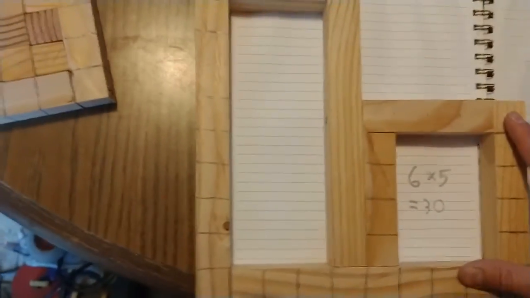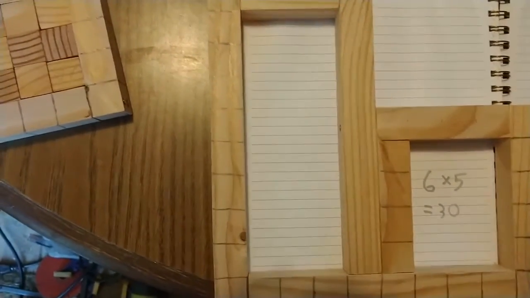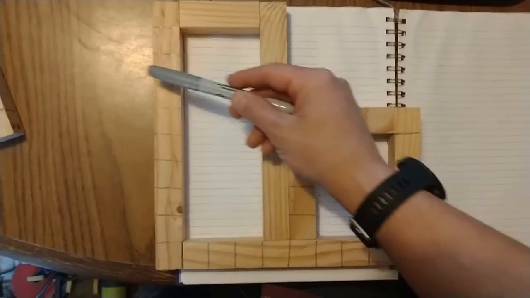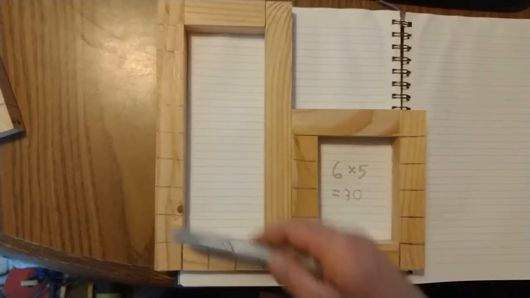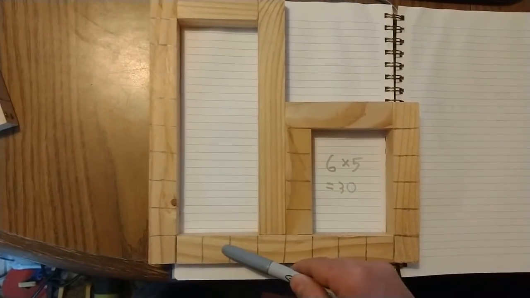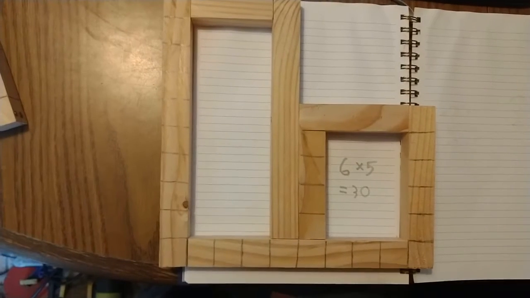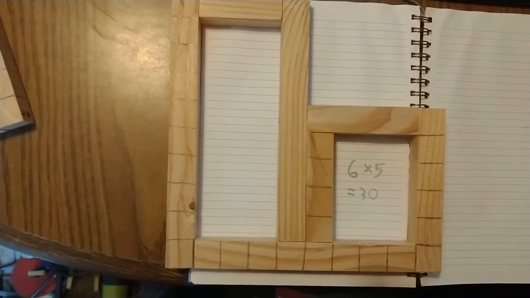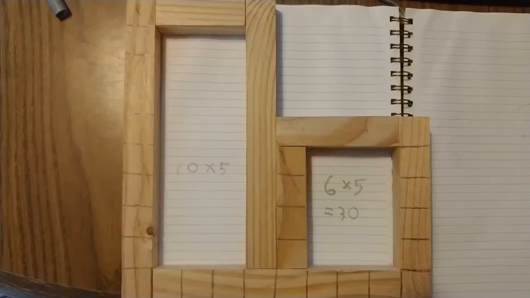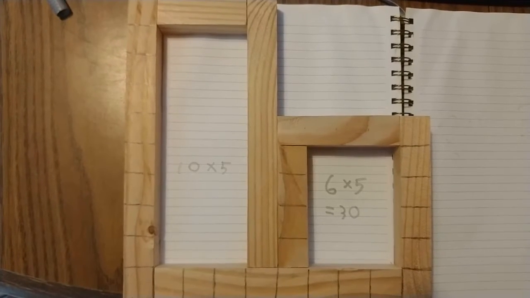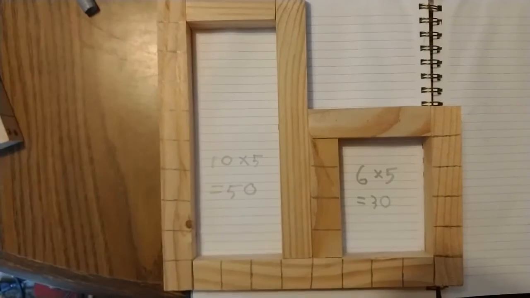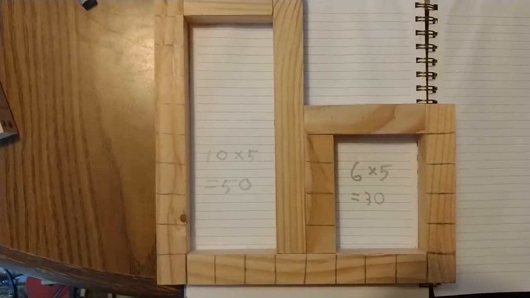So now let's move on to the bigger one. If we count this one out, we've got 10 on this side, and then 1, 2, 3, 4, 5. So that means we do 10 times 5. And 10 times 5 equals, I hope you said 50. Good job.